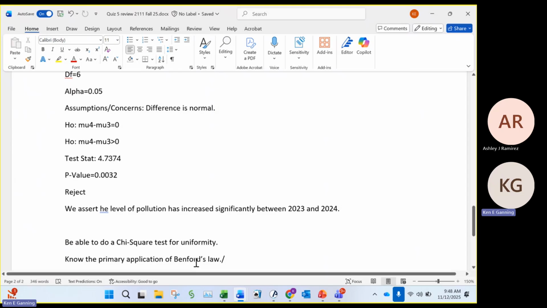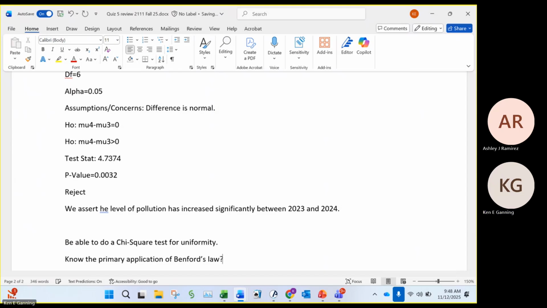Okay, what's the primary purpose of Benford's law? Well, that's what it's doing, but what's the purpose of doing that? Why are we going to bother applying Benford's law to a set of data? Right, it's to detect data fraud. And again, it's not so much know as suspect, but again, if it fails Benford's law, it's not a guarantee it's made up data.